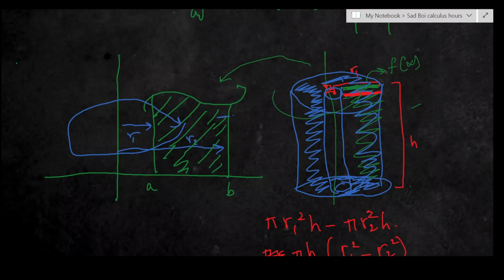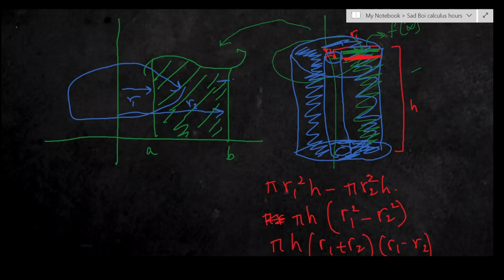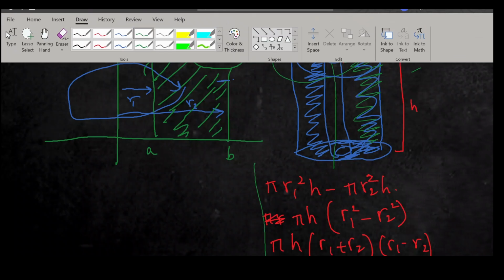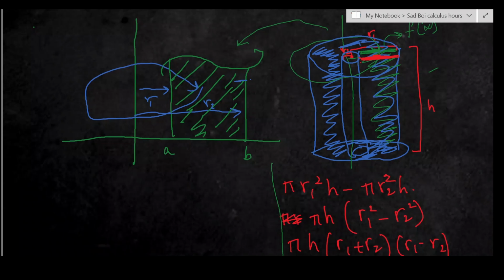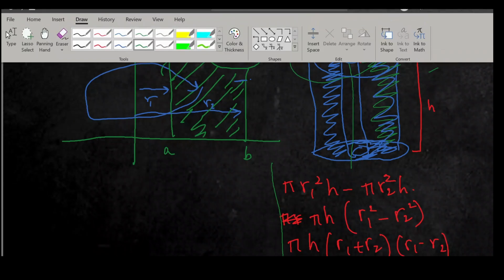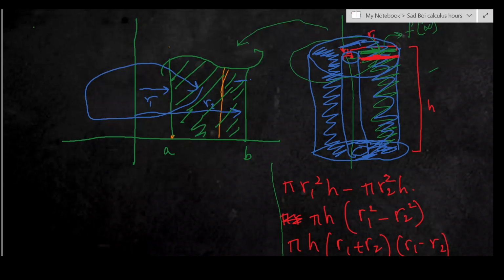You have this area and you need to revolve it around the y-axis, and you have something hollow too. So now let's talk about it in a bit more detail to make it clearer using this diagram. What happens is, as usual, you divide this area into many segments. Let's consider this as one of the segments.